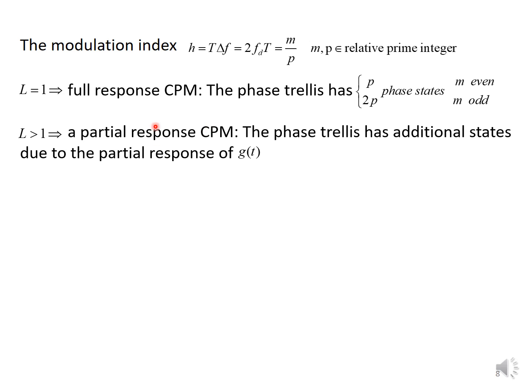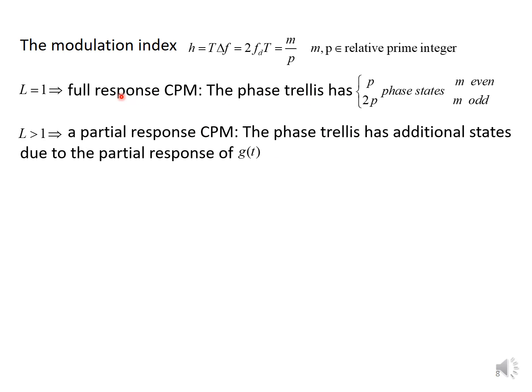And if L is greater than 1, the length of the pulse is greater than one period, then it's called partial response continuous phase modulation, because in the phase trellis, in each period only part of the response shows up.